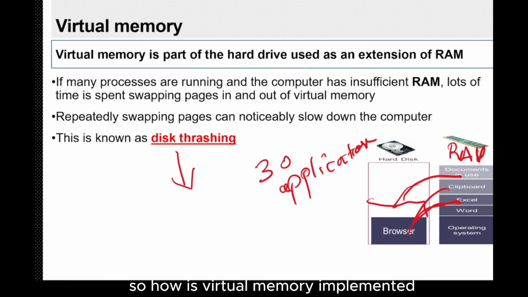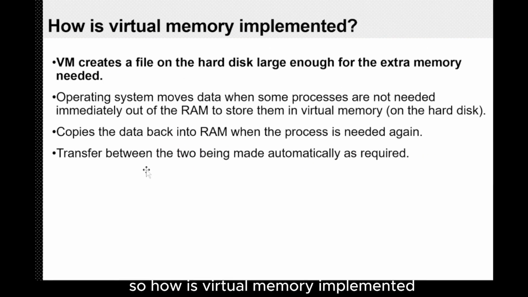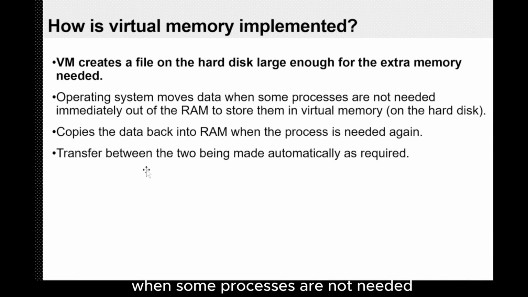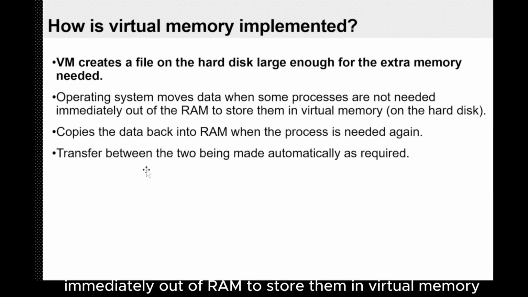Okay. So, how is virtual memory implemented? Virtual memory is implemented on the hard disk when there is not enough memory available. Remember this. The operating system moves data for processes that are not needed immediately out of RAM to store them in virtual memory.